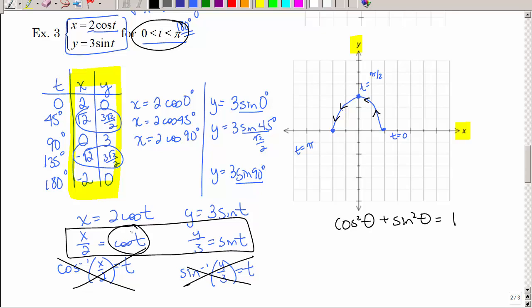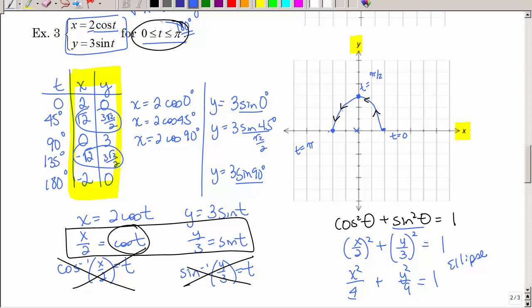Well, I have cosine, I just need to square it. So I'd have x over 2 squared. The sine is y over 3, I just need to square it. Look at that. What if I write that a little bit better? x squared over 4 plus y squared over 9 equals 1. What is that? That is an ellipse with the center at 0, 0. You would go out 2 on the x-axis and 3 on the y-axis.